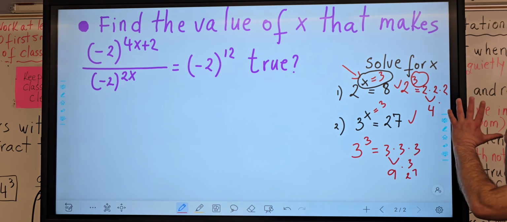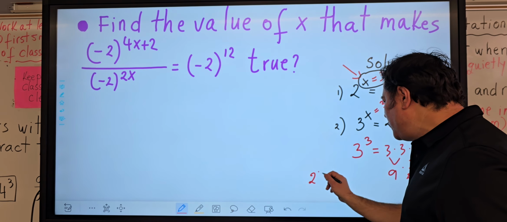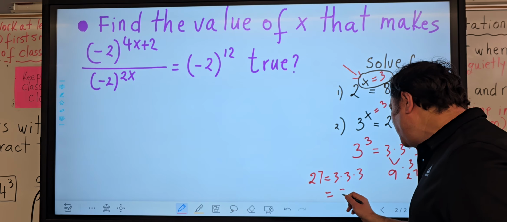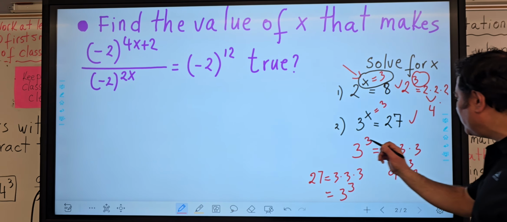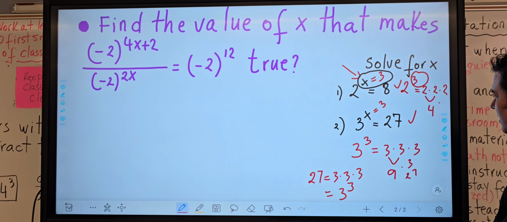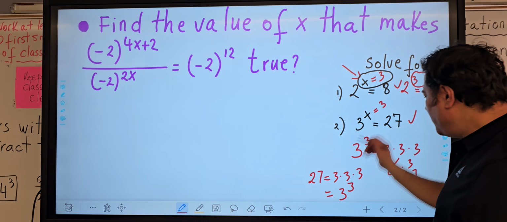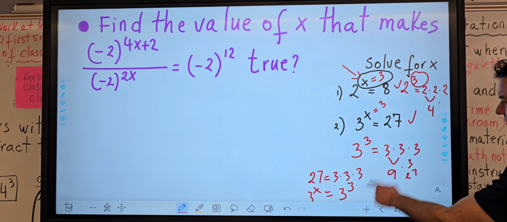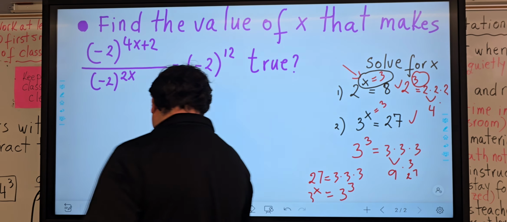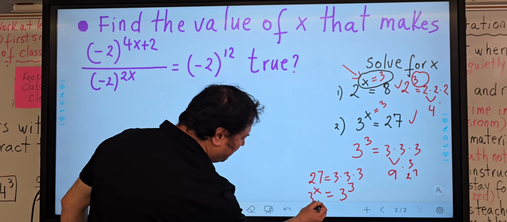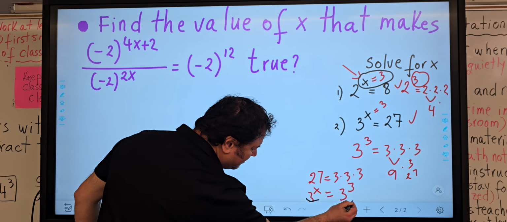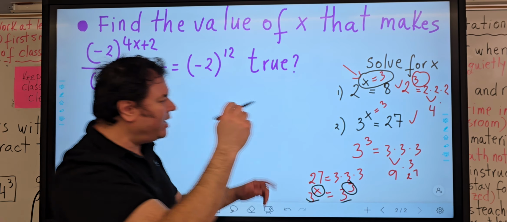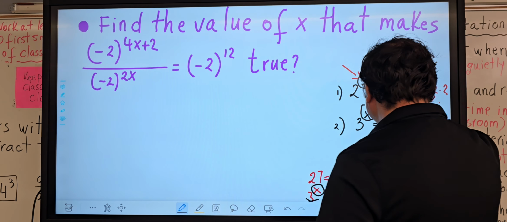So we can say that 27 can be written as 3 times 3 times 3, or 3 to the power of 3. Then we still have 3 to the power of x equals 3 to the power of 3. And again, we can conclude, because the bases are the same and the exponents are equal to each other, that x equals 3.